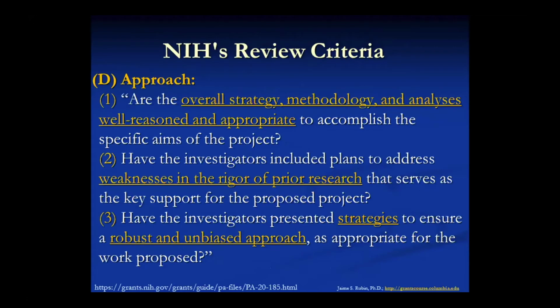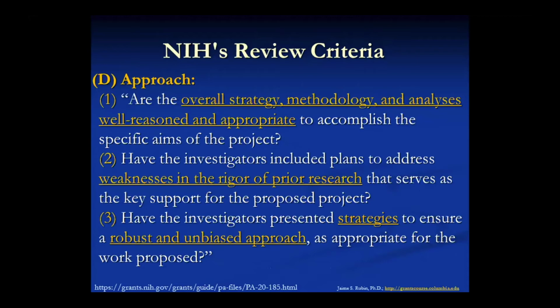And then the approach is very important. So what is your overall strategy, methodology to do this research? What's the analysis that you're going to use on the data that's obtained? All of this is going to be tied to the specific aims that you're going to propose, which I'm going to get to in a little bit.